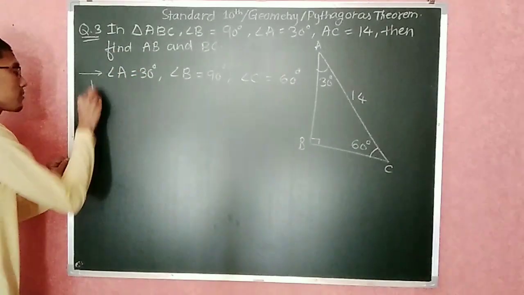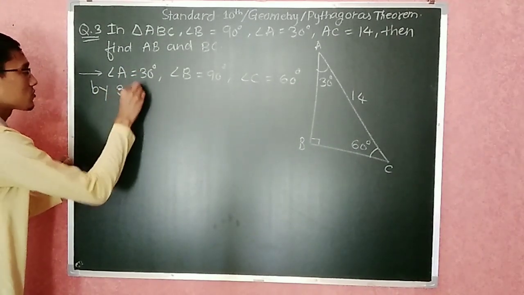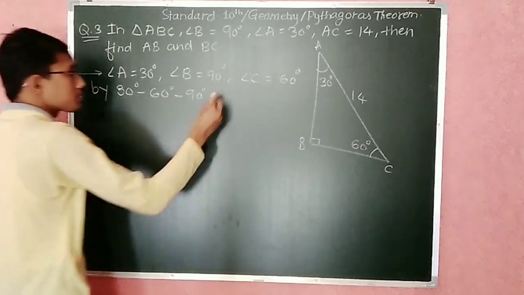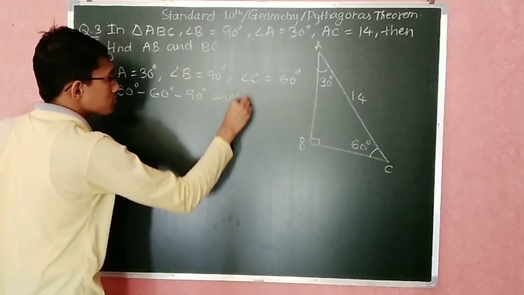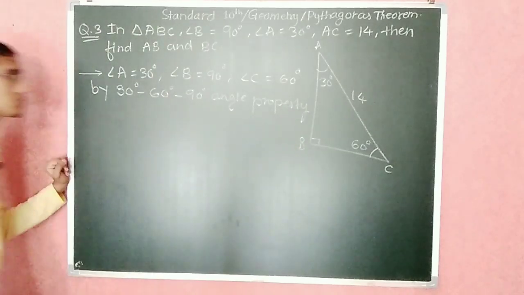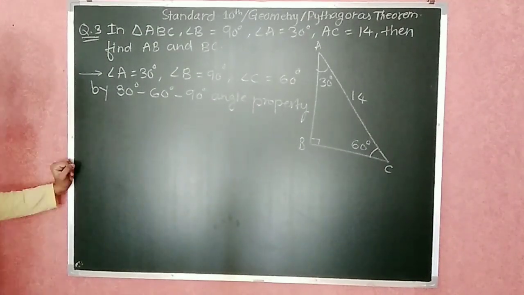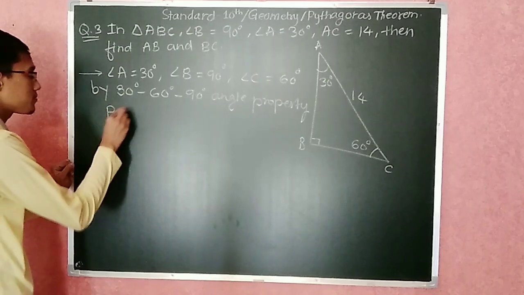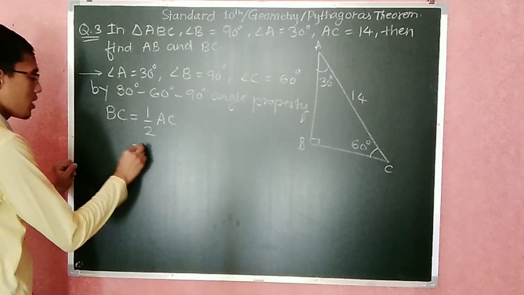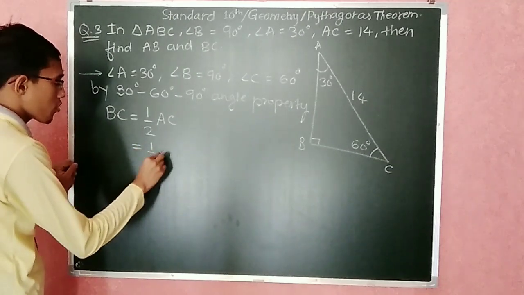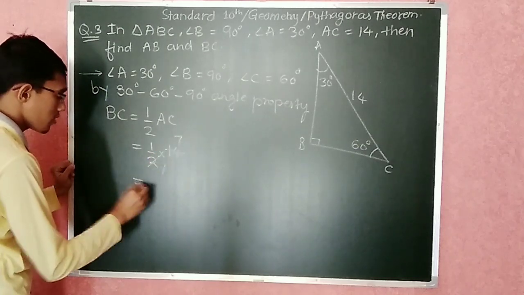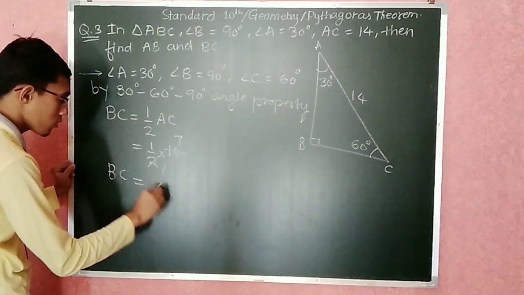So by the 30, 60, 90 degree triangle property, we can write the side opposite to 30 degrees, that is BC, is equal to half the hypotenuse AC. So BC is equal to 1 upon 2 into 14. 2 ones are 2, 2 sevens are 14. Therefore, we get the value of BC equal to 7.